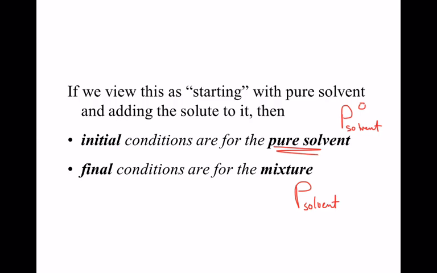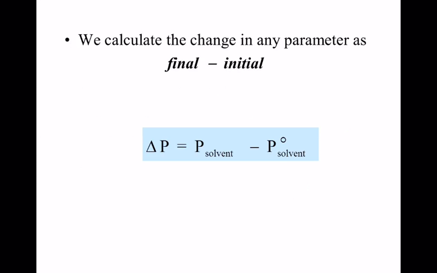When we get going with Raoult's law, make sure you understand that P naught is the pure stuff, and P without the naught is the solution. Any delta is final minus initial: the final is the equilibrium vapor pressure of the solvent in the solution, and the initial is the pure stuff. Makes sense?